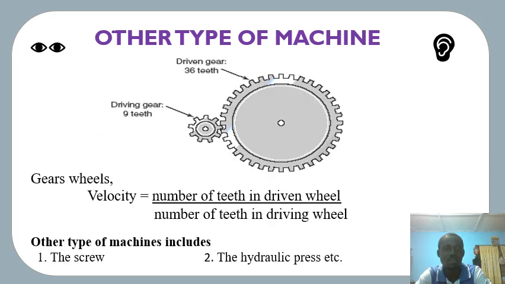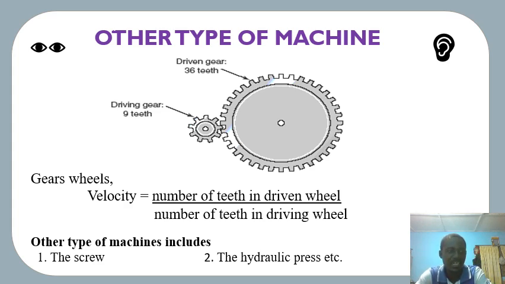A common example is the bicycle, where we have the bigger gear and the smaller one, linking the two sides. The driving gear is the smaller one. Here too we have another driving gear with 36 teeth. Here the driving gear has 9 teeth and the driven one has 36 teeth. For that one, the number of teeth in the driven gear over the number of teeth in the driving gear gives you the velocity ratio.